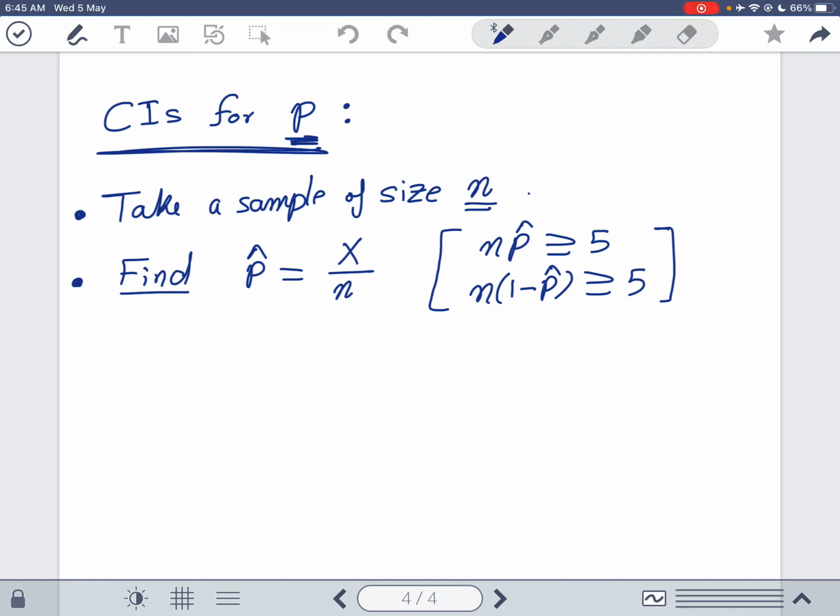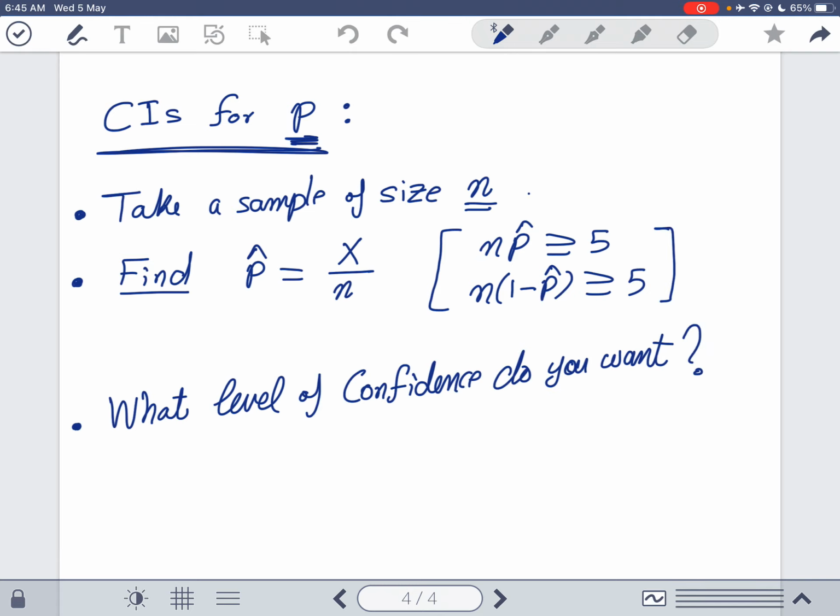Okay? In our textbook, we use the minimum to be 5, so you don't have to make it 10 or 15. It's okay. 5 or more, but both of them have to be at least 5, as you remember. So after you find p hat, what level of confidence do you want?